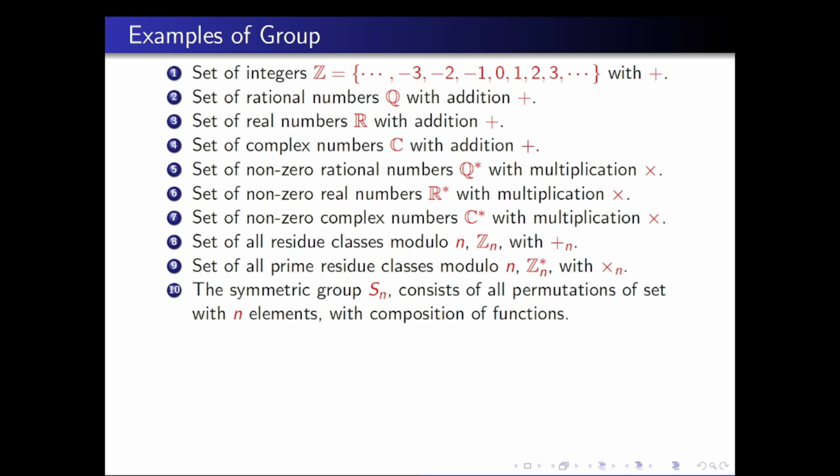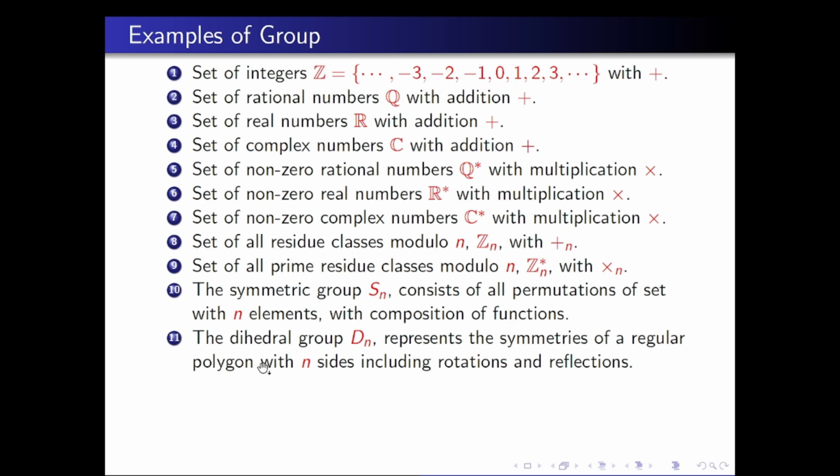Permutation means a bijective function from any set to itself. Here, if we take any set containing n elements, then Sn contains all the bijective functions from that set with n elements to itself, and this set forms a group with respect to composition of functions. It is called the symmetric group Sn.